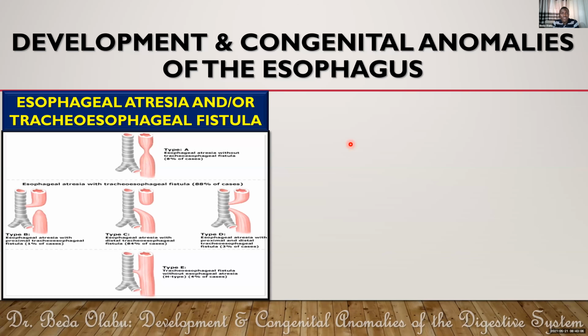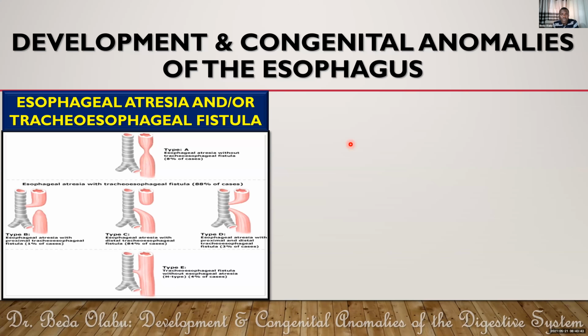But you may also just have lack of tubular esophagus. What I mean is that the tubular lumen of the esophagus is not continuous. If you don't have continuity of the tubular lumen of the esophagus, we call that esophageal atresia. The term atresia means blocked. And if you have to redefine it in a different way, blockage means that there is lack of continuity of the tubular lumen.